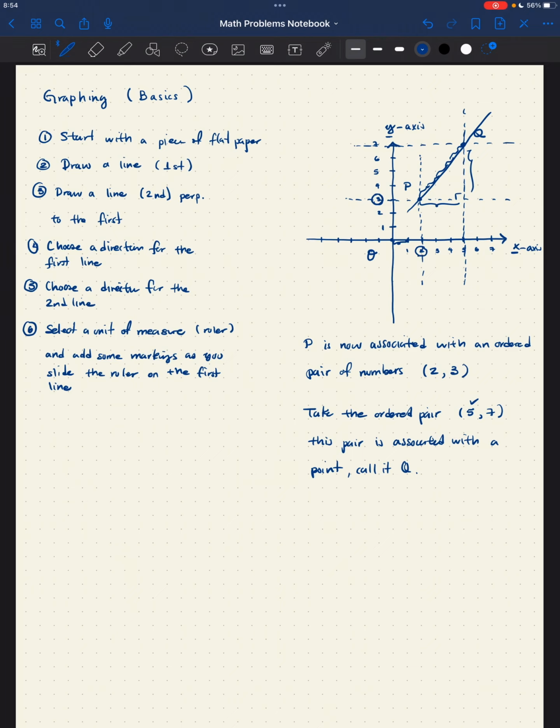We start here at 2 and we end at about 5. So if we measure this length, the result has to be the difference between 5 and 2, and that would be 3. What about this length? Well, kind of the same idea. That would be the difference between 3 and 7, so that is 4.